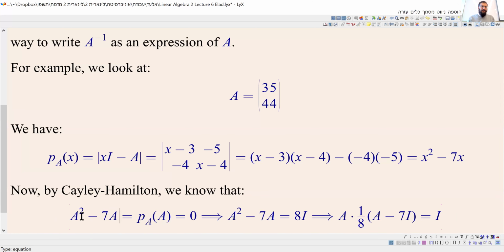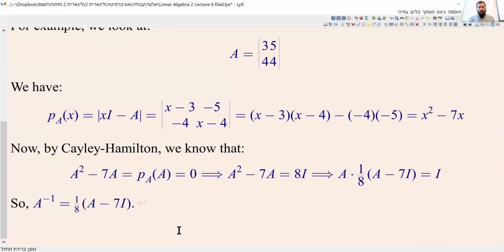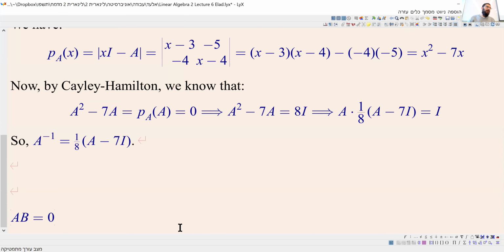We know that A is, what do I call it in Hebrew? מחלק אפס. In English, it is when the multiplication is 0, but none of the matrices is 0. I mean, when A and B, for example, A multiplied by B is 0, but neither A nor B is 0.